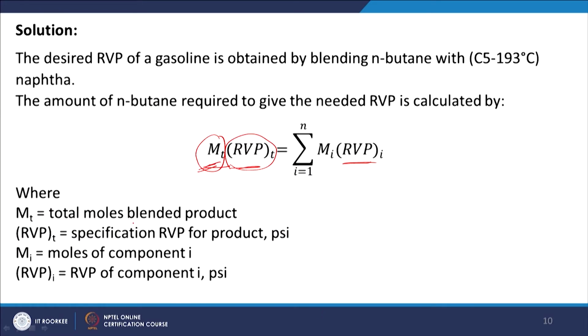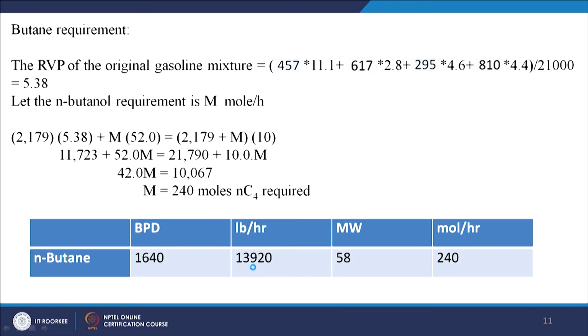So, this is the formula, that is MT is the total moles of blended products, RVPT is the specification RVP for products in PSI, MI is the moles of component I, and RVPI is the RVP of component I. So, in this case the RVP of the original gasoline mixture, without adding this n-butane, will be how much?